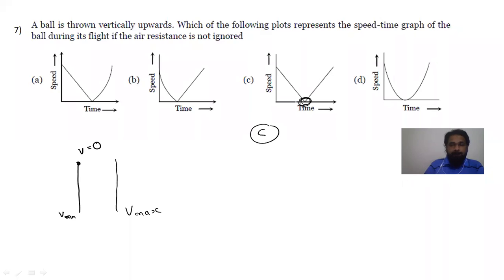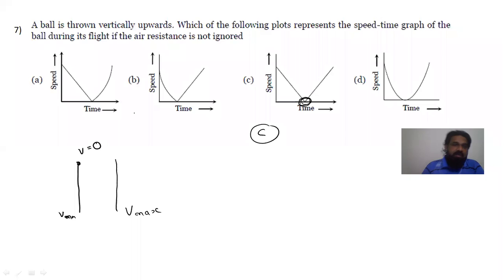Is that clear, all of you? And the acceleration is constant, right? G, acceleration is constant. So the slope of the speed time graph, the slope of the velocity time graph, must be constant if the acceleration is constant.